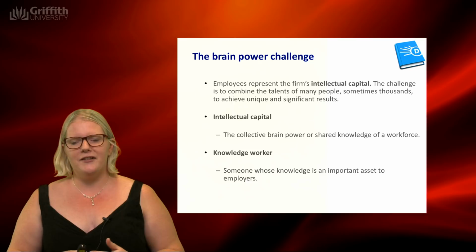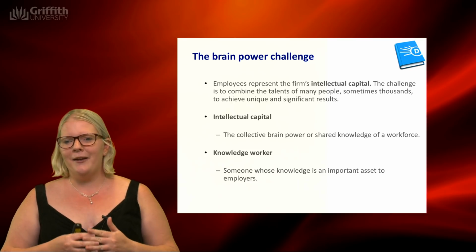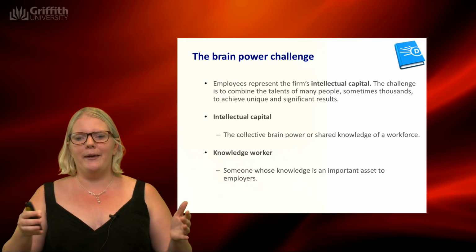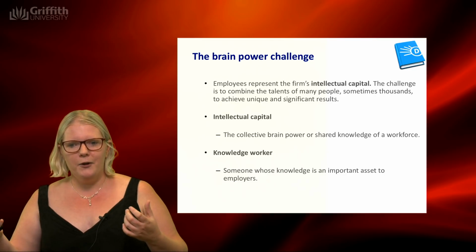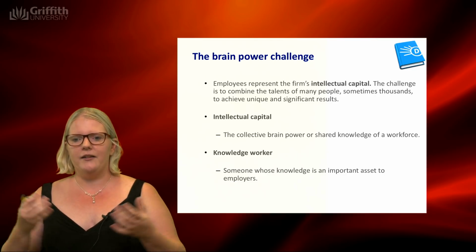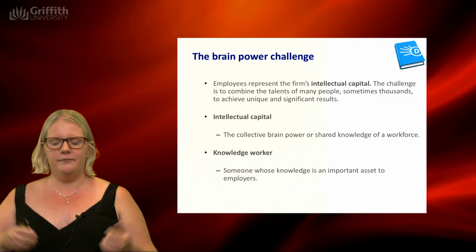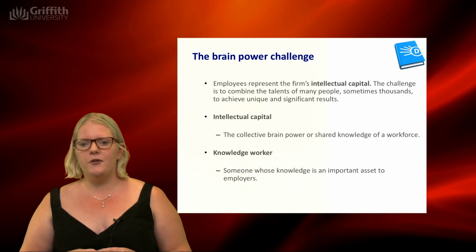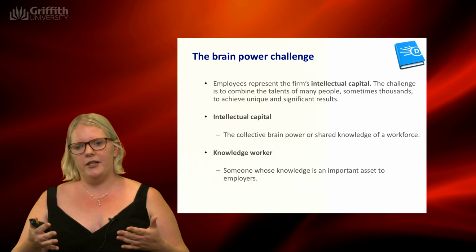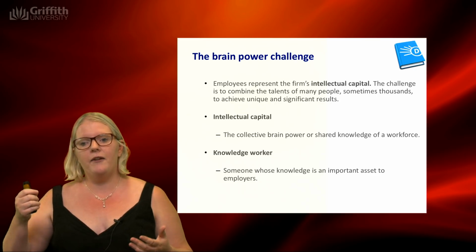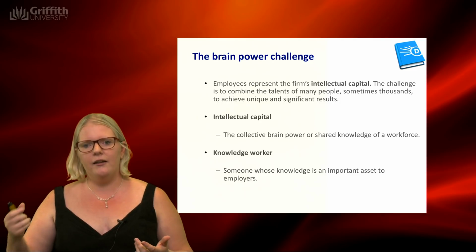Think about KFC chicken. They kept that formula under wraps for many, many years, but there is still competition that comes after them. Think about Red Rooster and other fast food joints. That's what creates this brain power challenge, because people can replicate your formula eventually, if they keep trying.